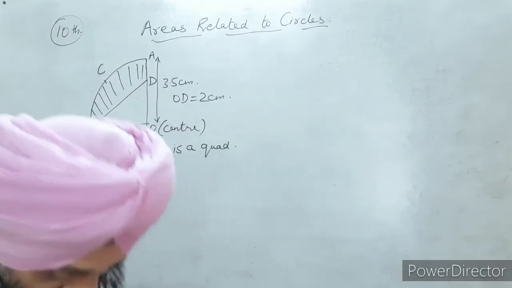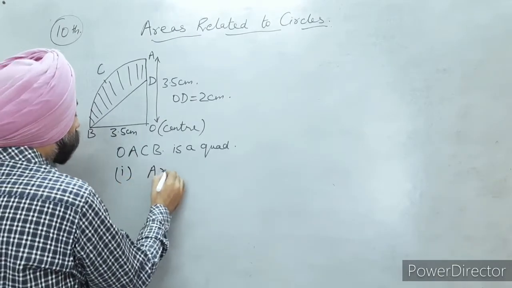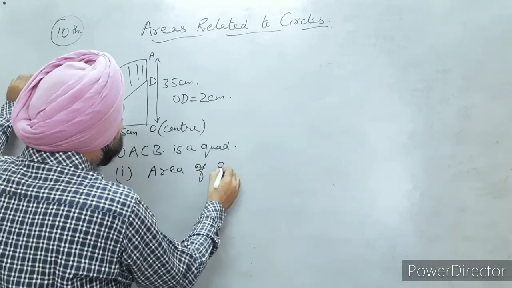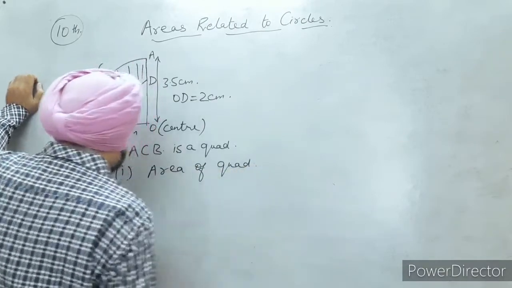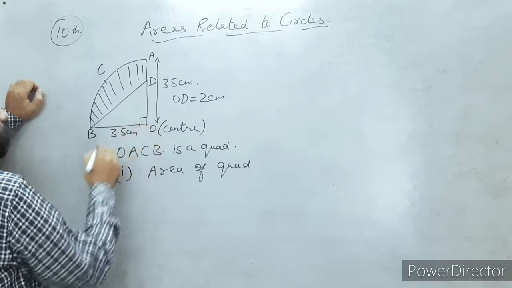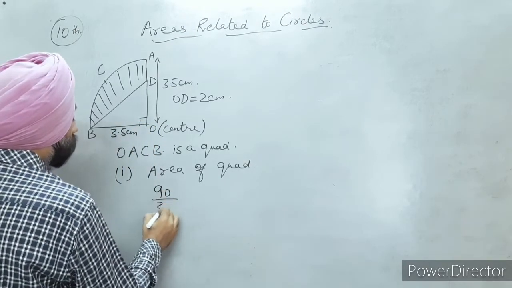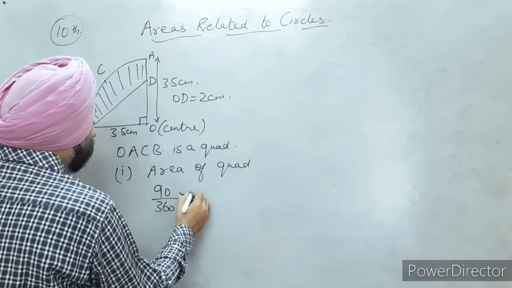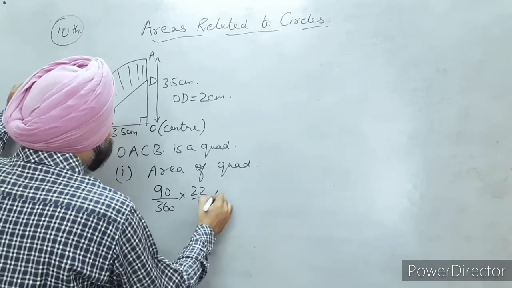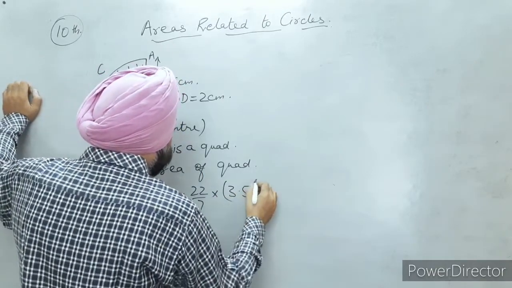Quadrant is very easy. First part is to find the area of the quadrant. Same formula: 90 upon 360 into pi into radius square. Radius is 3.5 square.